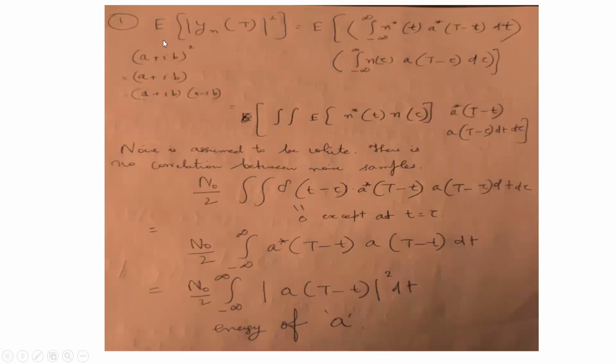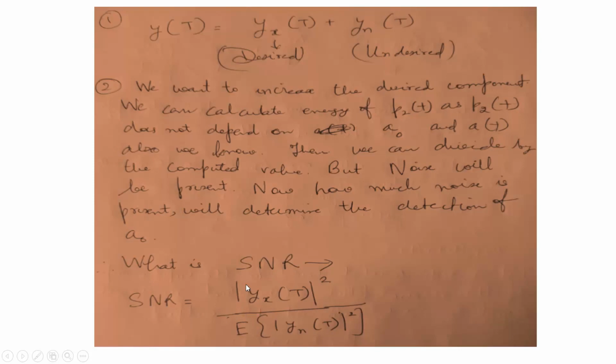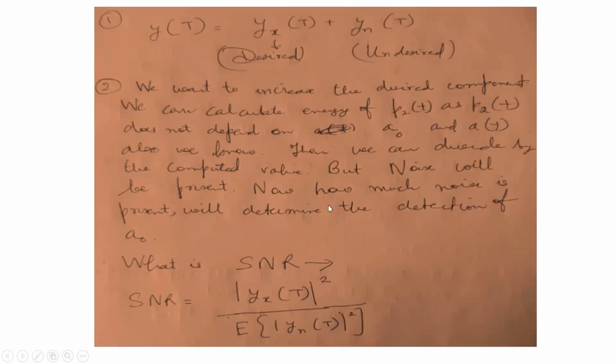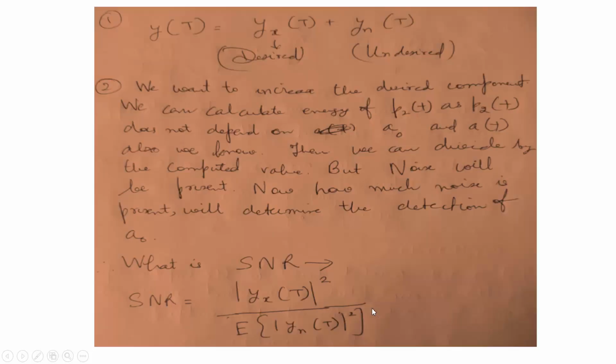So we try to calculate the noise component, the expected value of the noise power. If I represent it like this, what is y(T)? This is the integral of n(tau) a(T minus tau), the noise component.